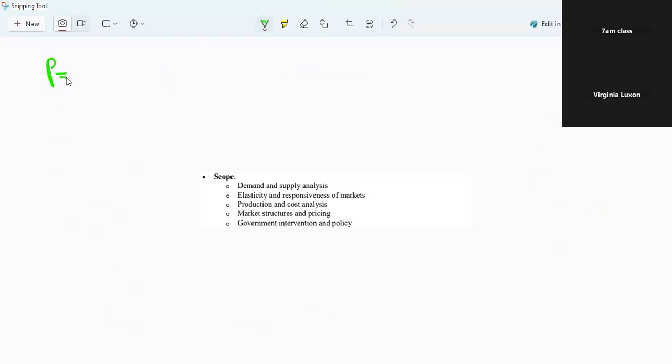Suppose we're given P = 100 minus 2Q. Using the grade 12 way to sketch such a curve, let's put the letters on one side. We have P plus 2Q equals 100. If there's no number before the letter, just assume it's a 1.